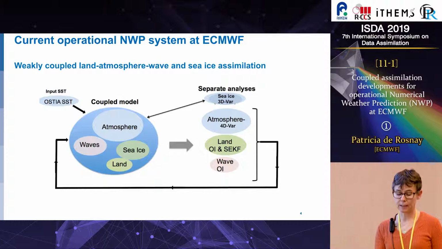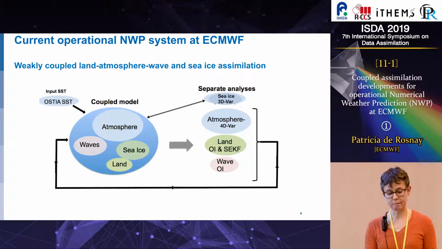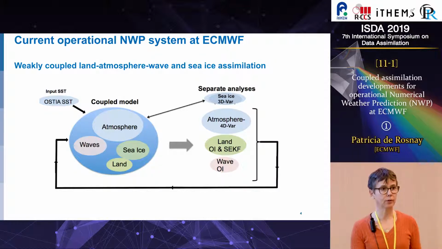And we are running separately the analysis for 4D-Var, land, for the atmosphere, land, and wave, and sea ice as well. And then we use the analysis to initialize the short forecast, which in turn provides the background. For the SST, we use an SST product from the UK Met Office, the OSTIA product.